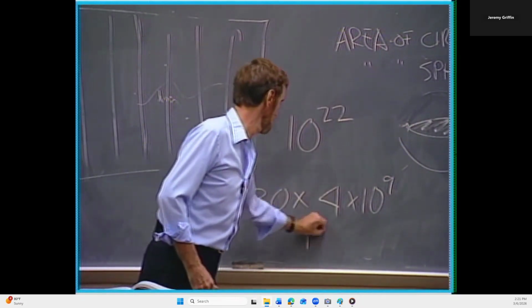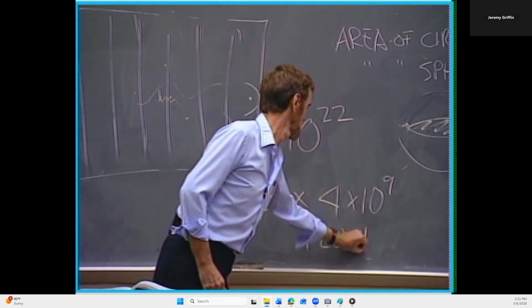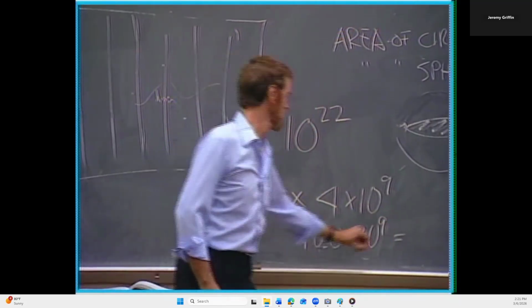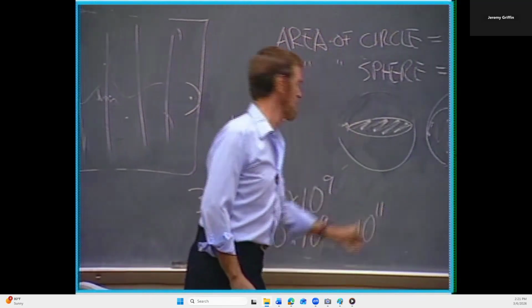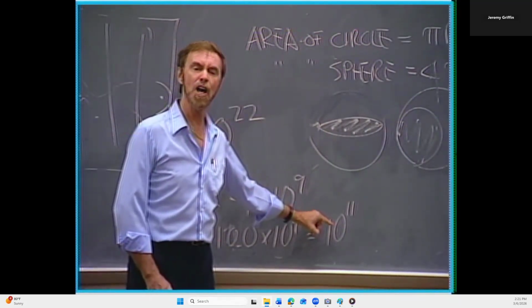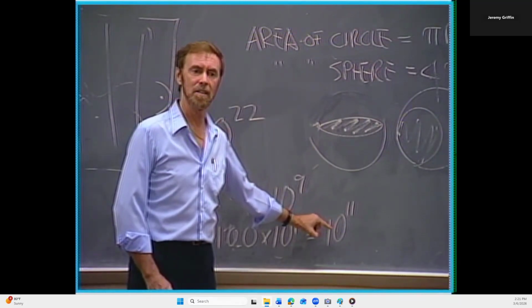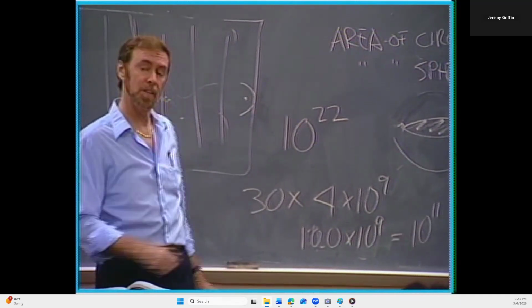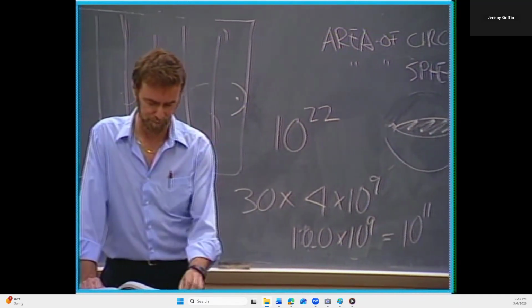3 4s of 12. Call this 100. That's like 10 to the 11th. 10 to the 11th is 100 billion. So 100 billion people in the world.